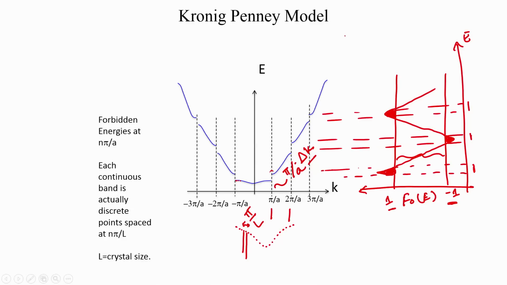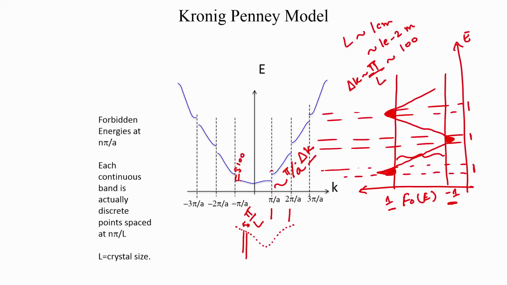So if you were to take a crystal where L is about 1 centimeter, which is about 1e minus 2 meters, then 1 by L or pi by L, the delta K because of these points is of the order of 100. So you can imagine that the distance between these two is about, say, 100.